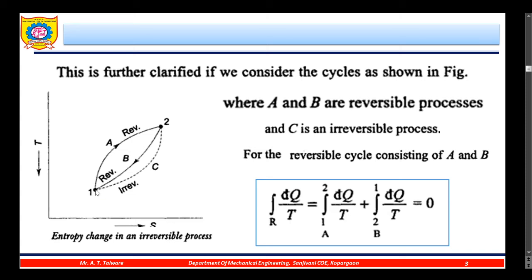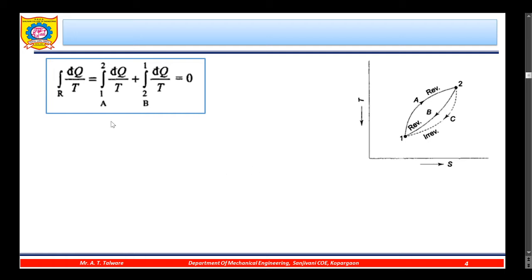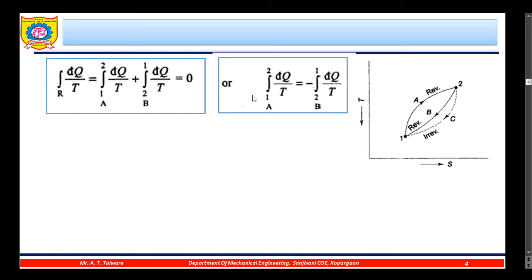So the integration of delta Q upon T for path A equals minus the integration of delta Q upon T from 2 to 1 over path B, since the plus sign becomes negative when we take it to the other side of the equality.